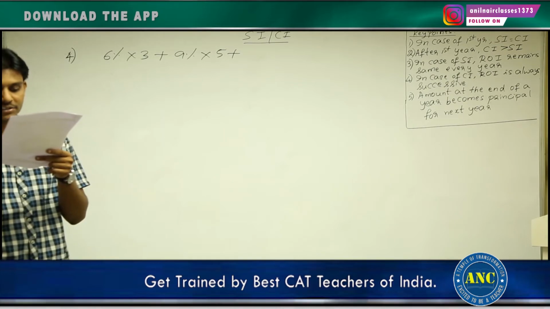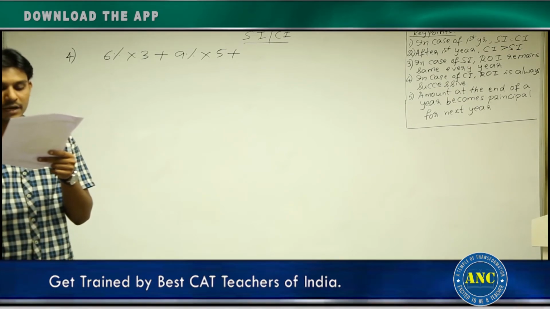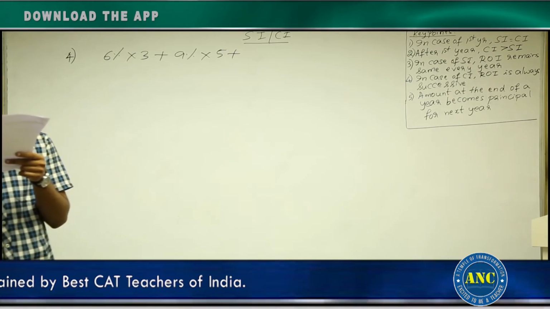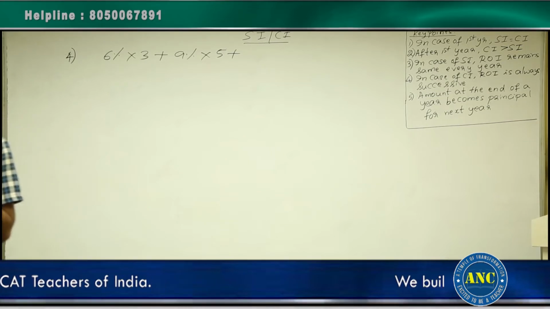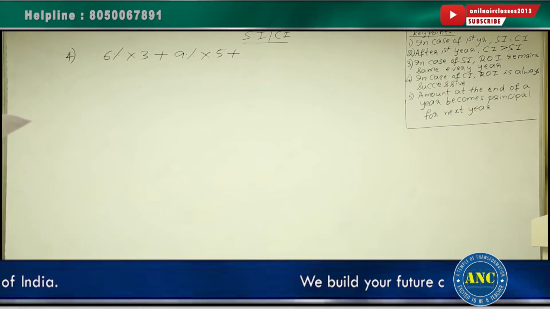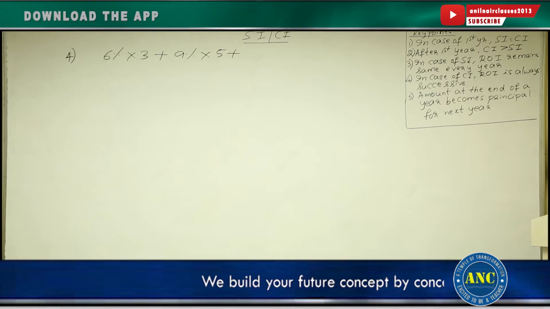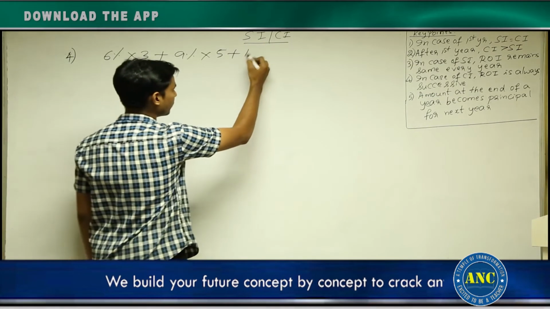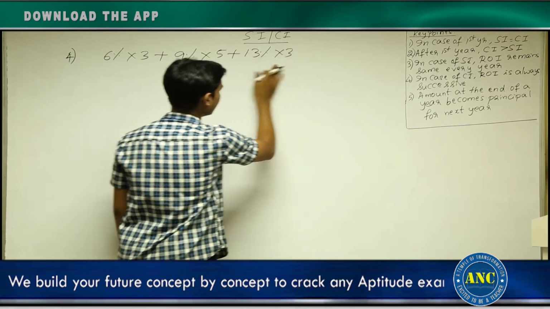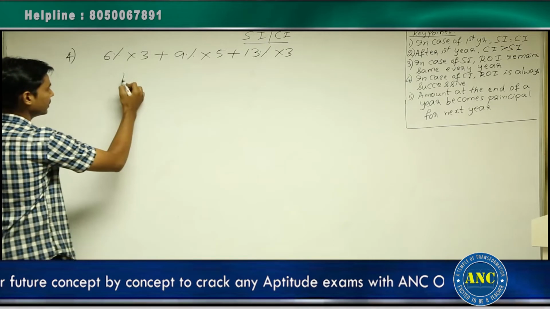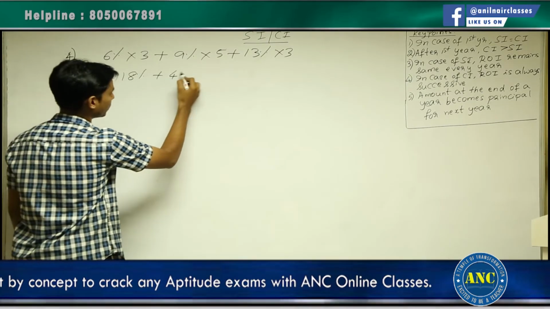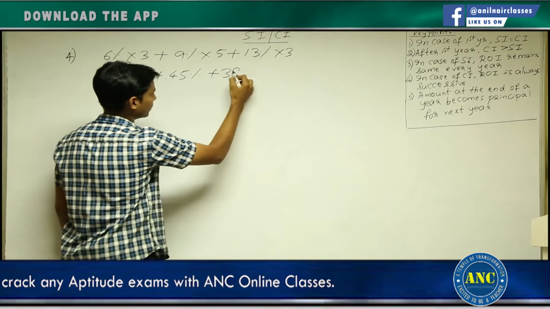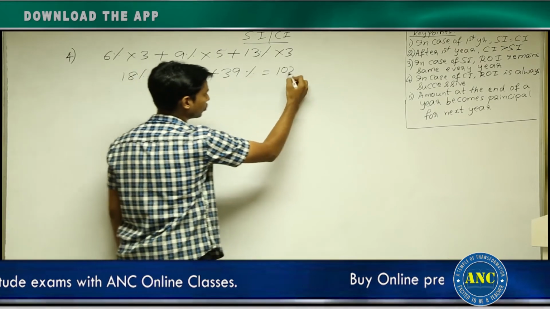But they are telling in the next statement, if the total interest paid by him at the end of 11 years, that means he will only invest for 11 years. Okay, that means 13% beyond 8 years. Beyond 8 years to 11 years, 3 more years. 13% for the remaining 3 years. So it is 13% into 3. What is the total? This is 18%, 45%. This is 39%. So total sum is 102%.